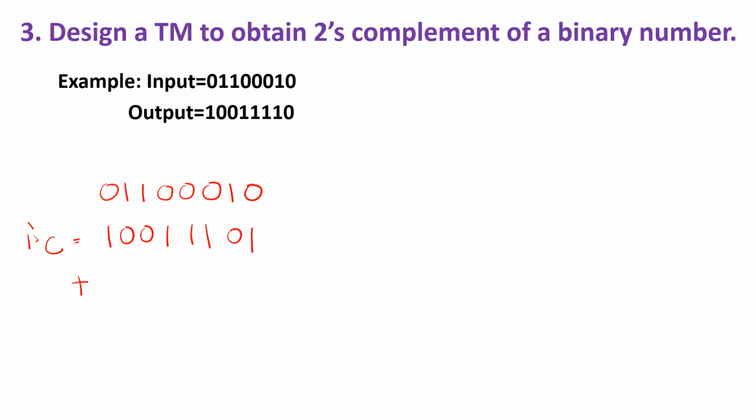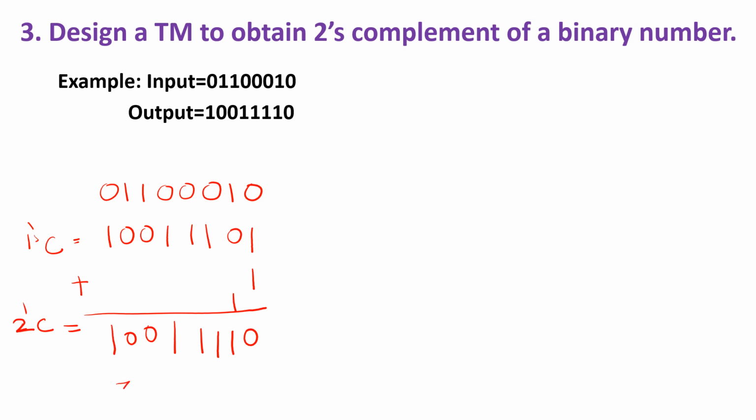Then add 1 to it, which will be your 2's complement number: 10011110.